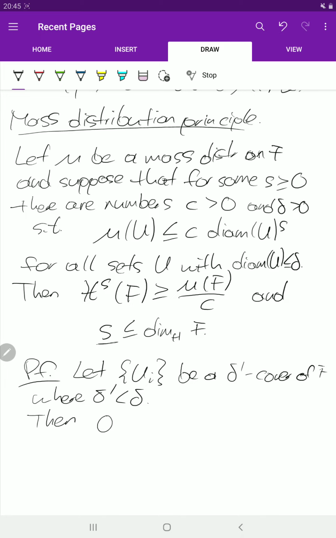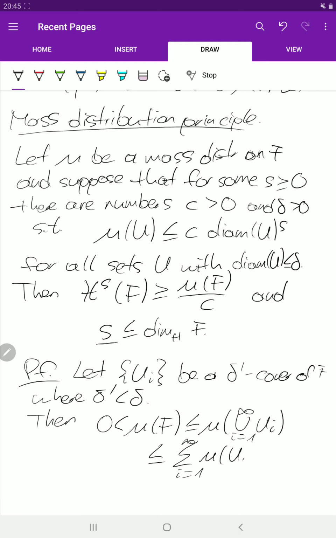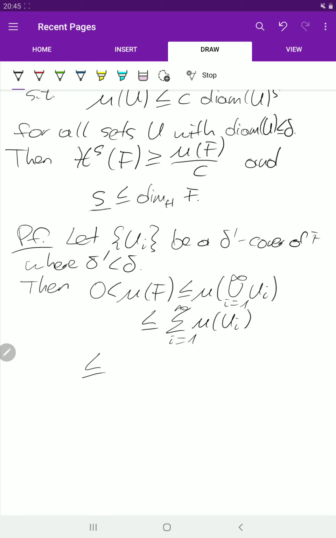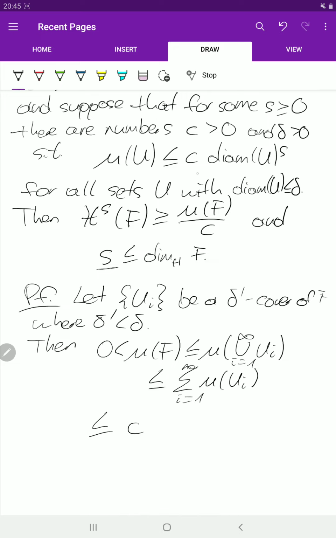We get 0 is smaller than the measure of F, because we have a mass distribution, and this is at most the measure of the union because this covers F, and by subadditivity this is at most the sum of the measures of the U_i. Now we have one more inequality, where we use our assumption, which we have here.